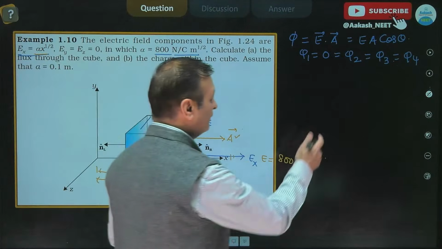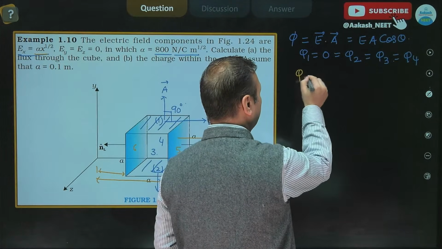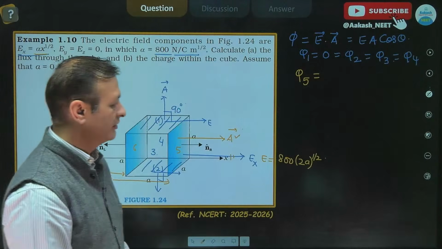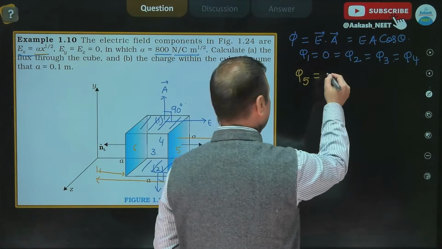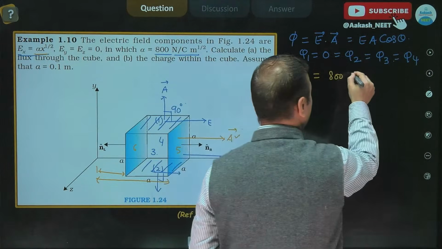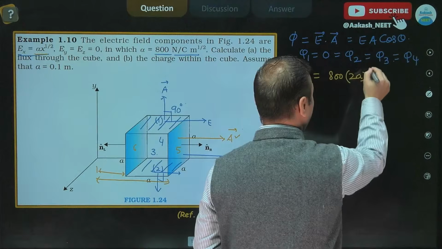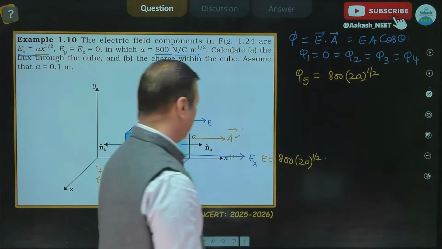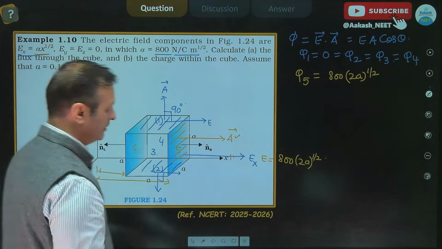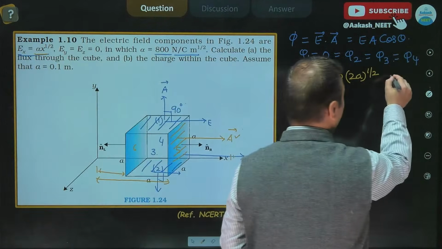So this is the electric field and this is the area vector. So the flux through this part, if I label it as flux 5, is the electric field into area, and the area of this part is A square.